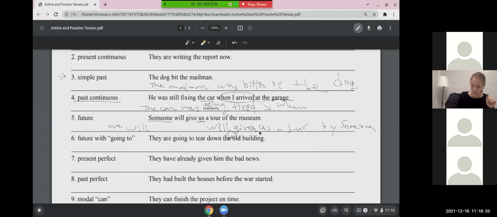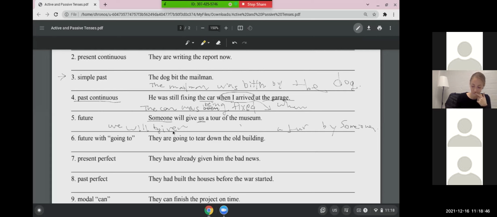We will be given... We already used "us" because us is the subject, right? Or the object.